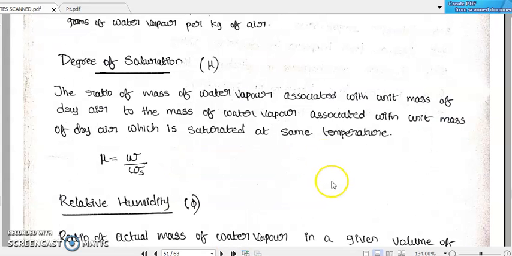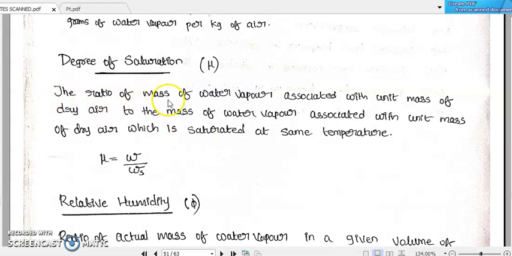Another term that comes up commonly in our discussion of air conditioning is degree of saturation, represented by the Greek letter mu. As the name suggests, it tells how saturated the air is. How can we define this in scientific terms?